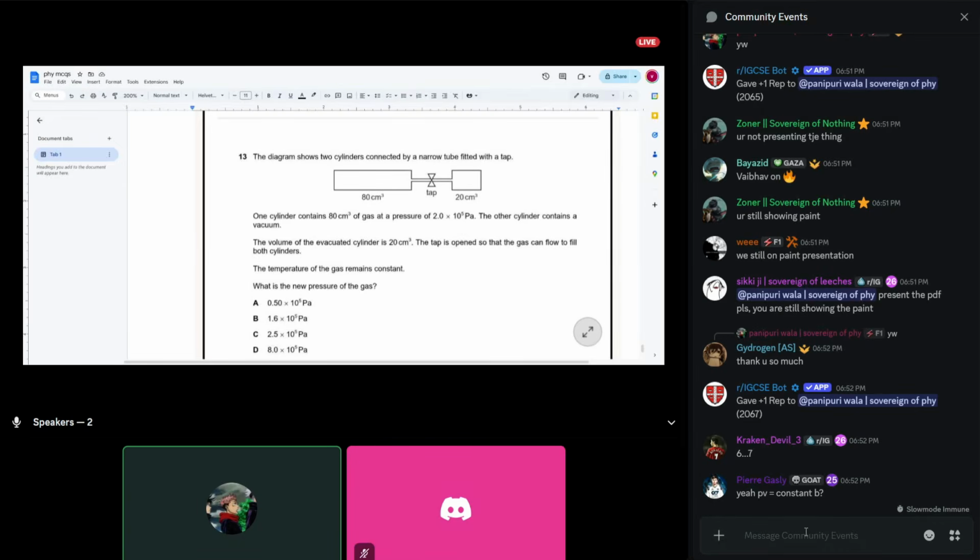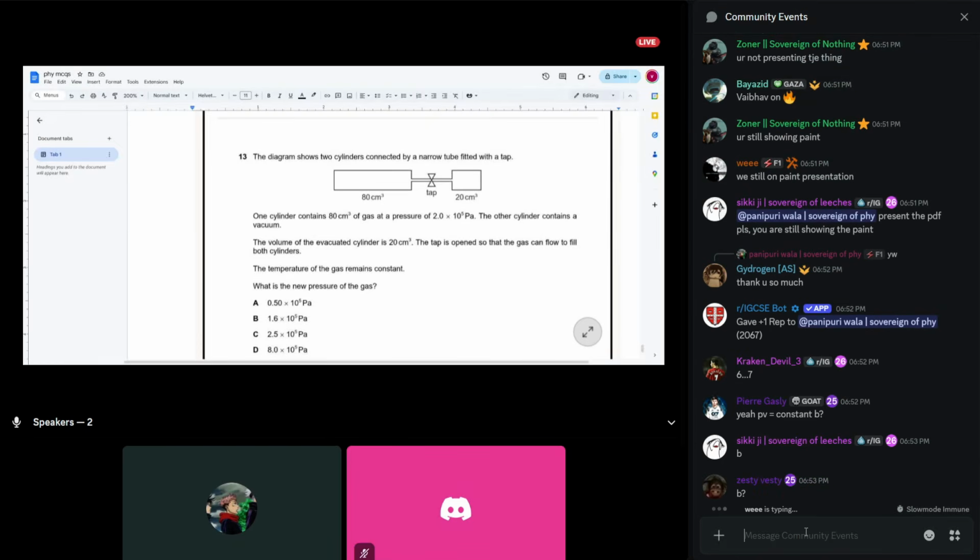Now our new volume is 100, right? So divide that by 100, and our new pressure is 1.6 into 10 power 5. Yes, this is B, 1.6 into 10 power 5.